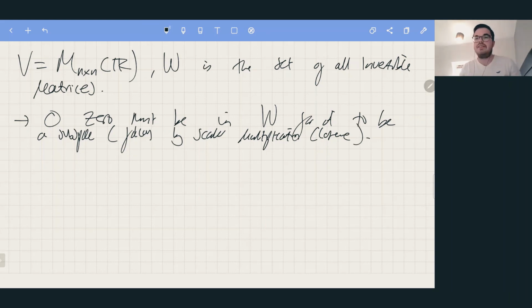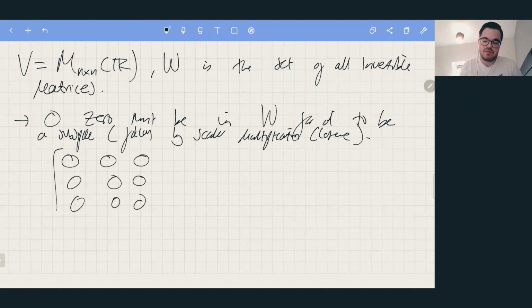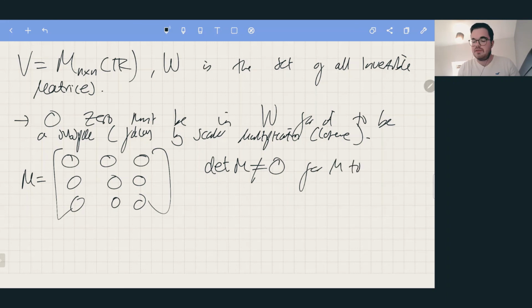Now, is the zero vector in W? Well, if I consider just, say, the 3×3 zero matrix, is this invertible? For a matrix to be invertible, the determinant of this matrix, let's call this M, must be non-zero.